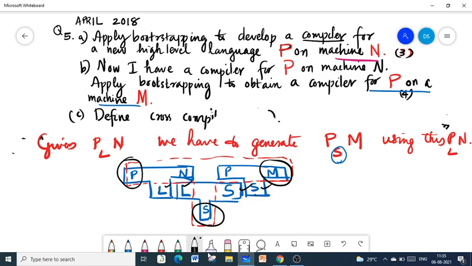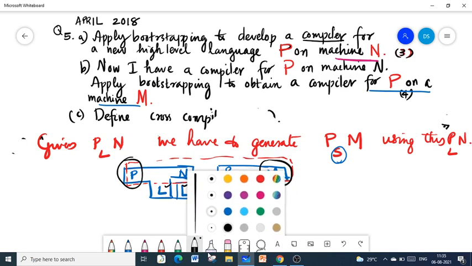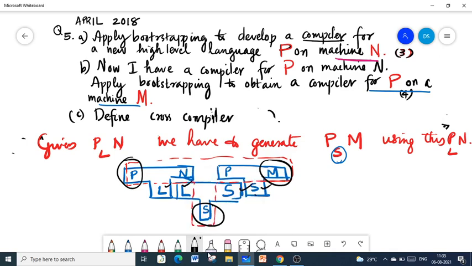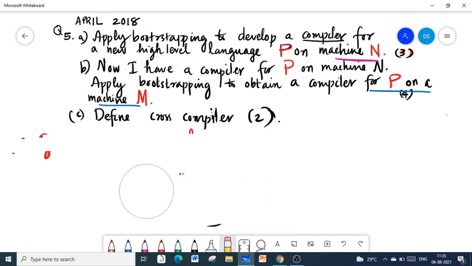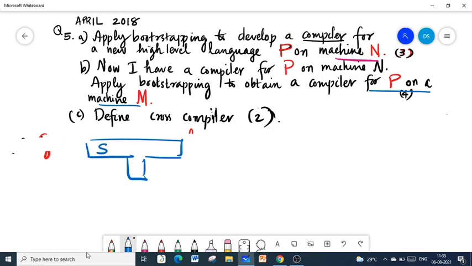Hope it is clear. And the third question is define cross compiler. That is a 2-mark question. Whenever you are writing a compiler by means of a T diagram, you can see S, I, T are the 3 languages. These are 3 different languages.